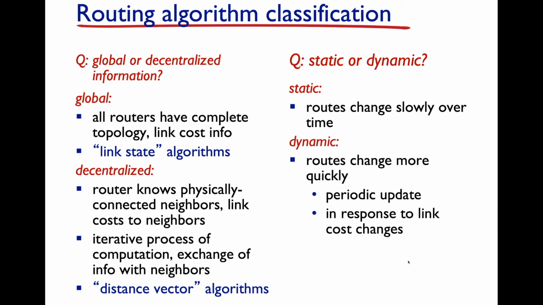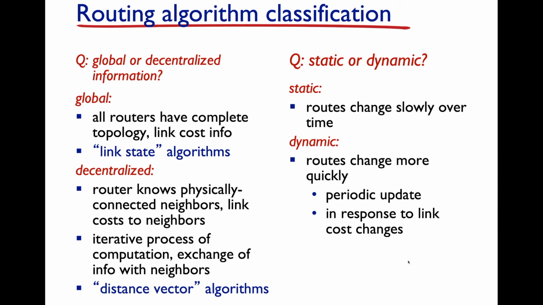Another consideration concerns this idea of static or dynamic, how things change. For static routing algorithms, the routes change slowly over time, so they're relatively infrequently changing in terms of when you recalculate routes, i.e. because of traffic conditions. Dynamic routing algorithms are those for which the routes change more quickly.